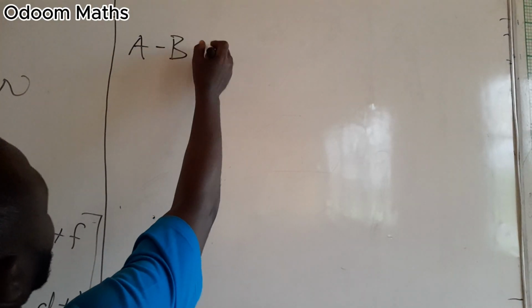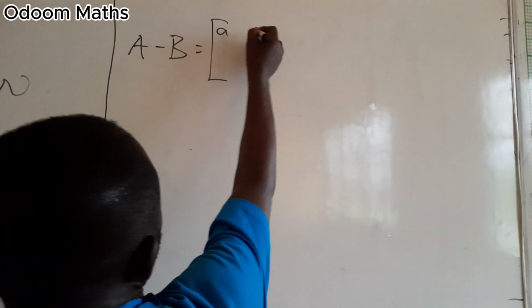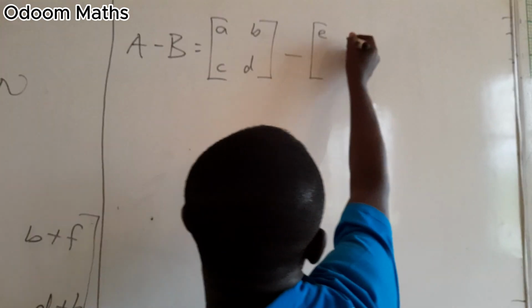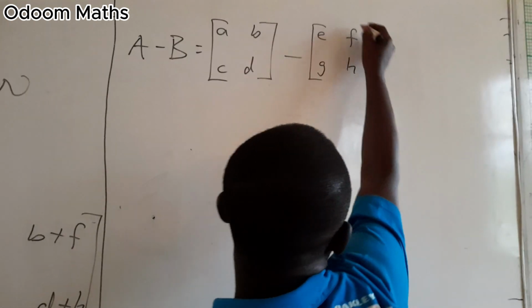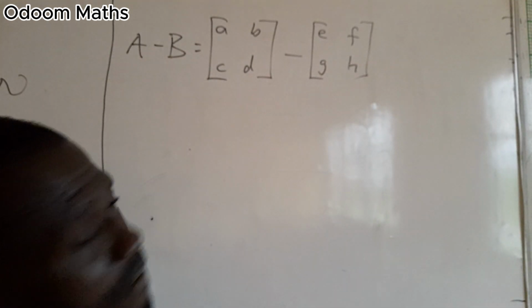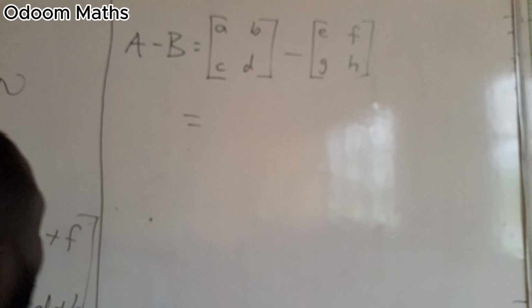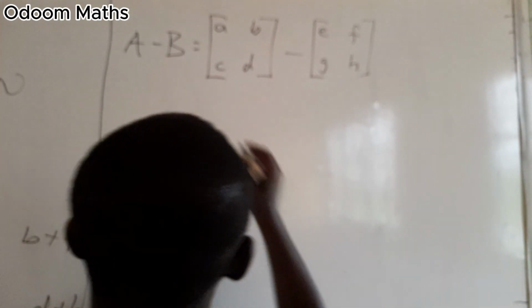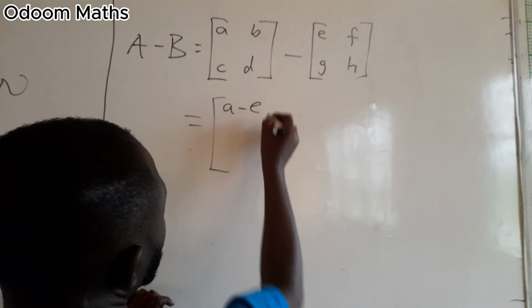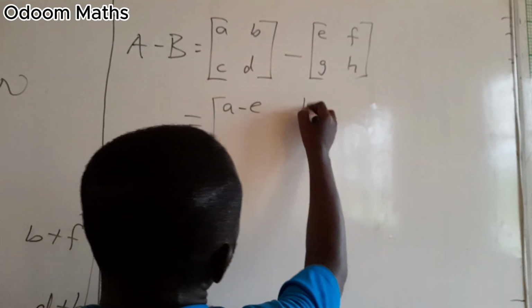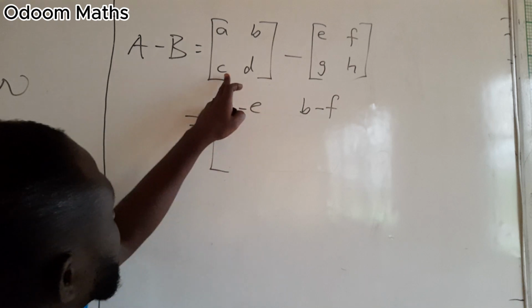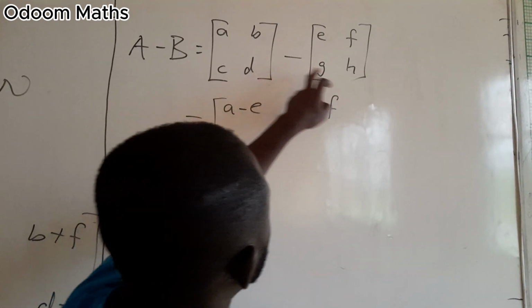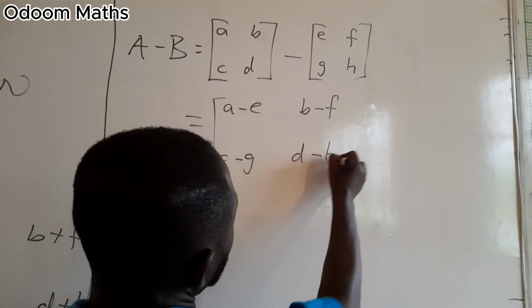A minus B: A, B, C, D minus E, F, G, H. We do the same thing as in addition: A minus E, B minus F, C minus G, and then D minus H.